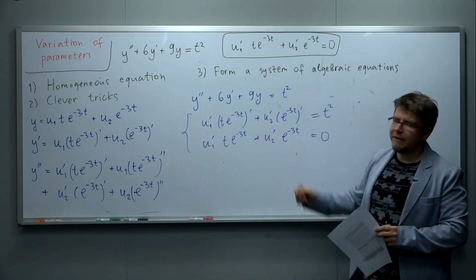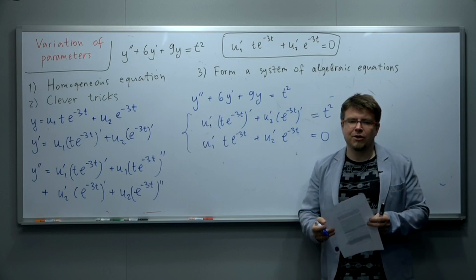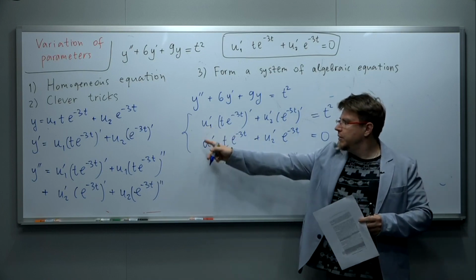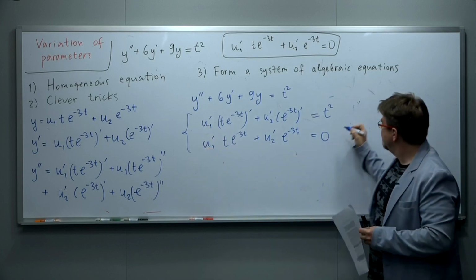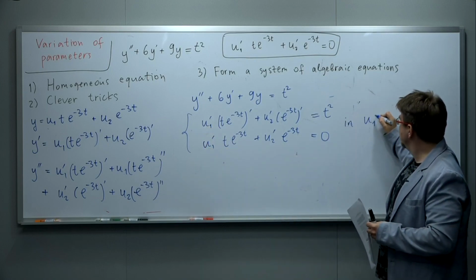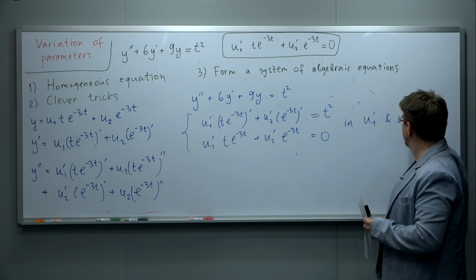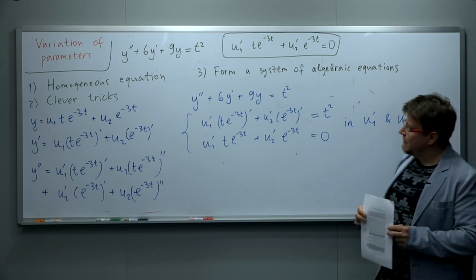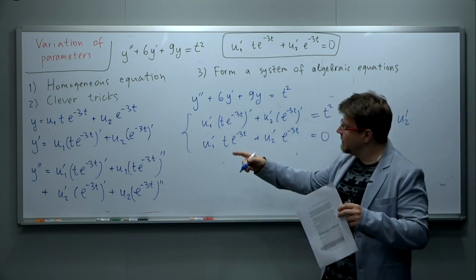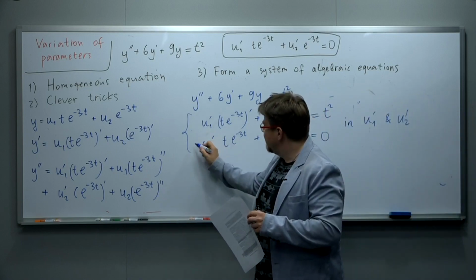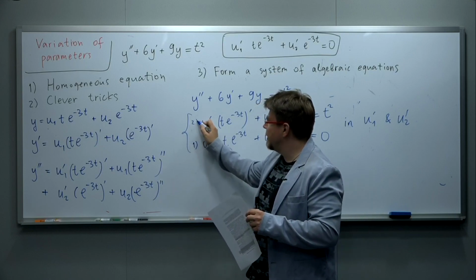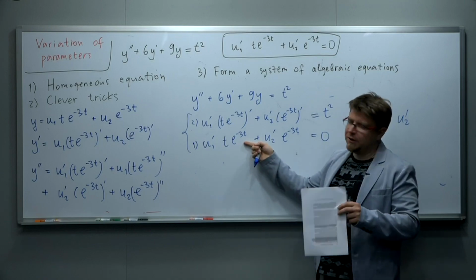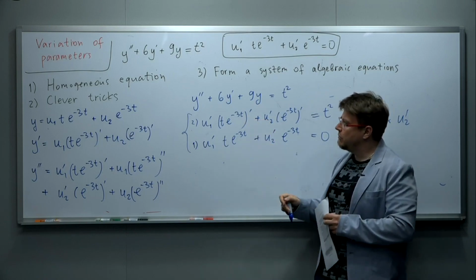And now, together, these are actually linear algebraic equations in unknowns u1 prime and u2 prime. Well, let me reorder the equation. So this is the first one and this is the second one. So this is how they actually appeared in our work. So we first derived this equation and then we derived this equation.